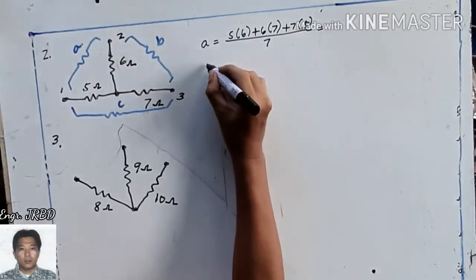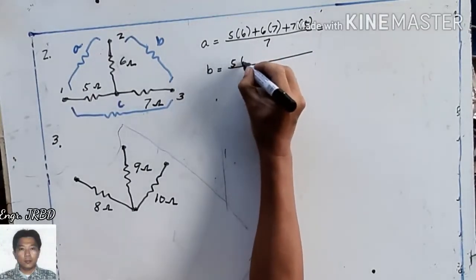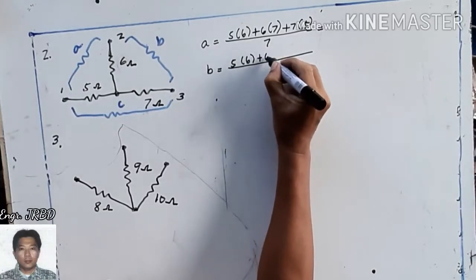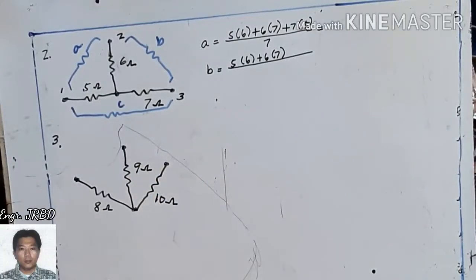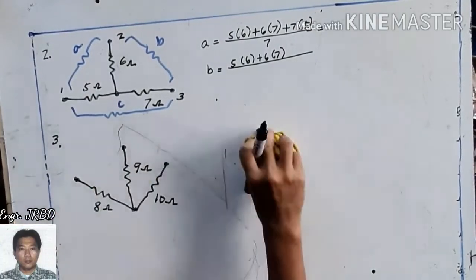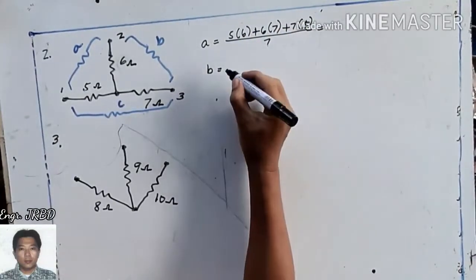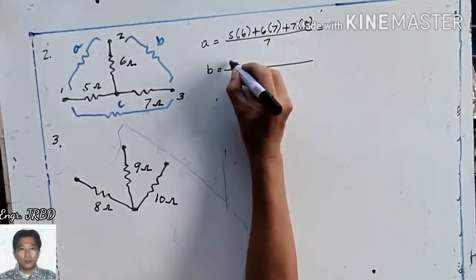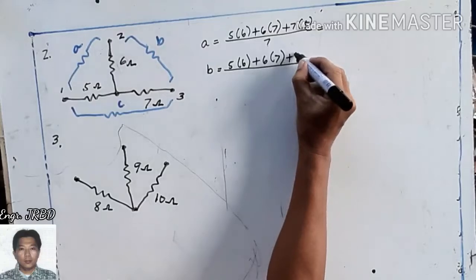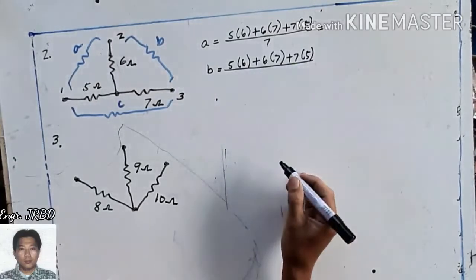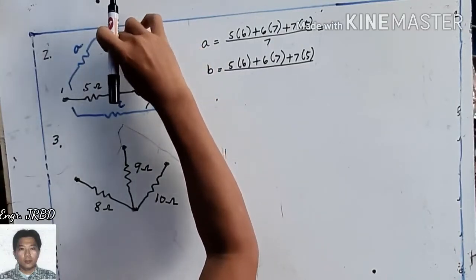Okay, and for B, we have the same numerator, that is 5 times 6 plus 6 times 7 plus 7 times 5, all over the opposite leg of B. We have already used legs 6 and 7.